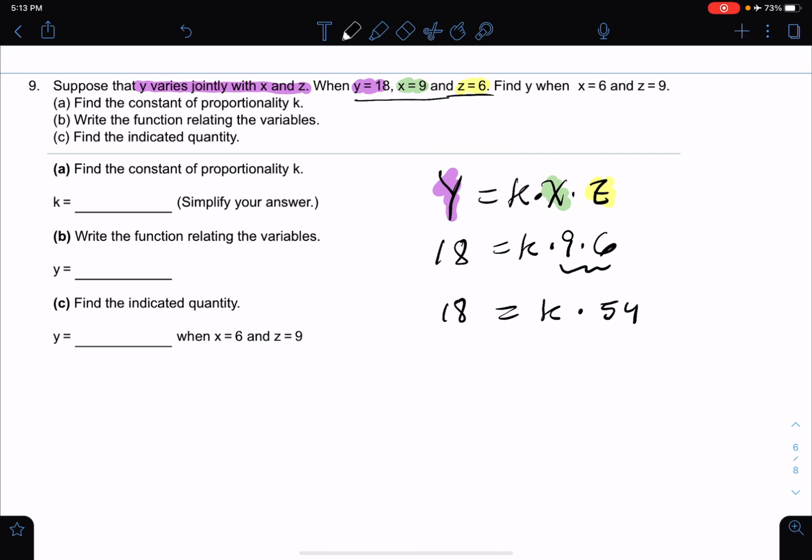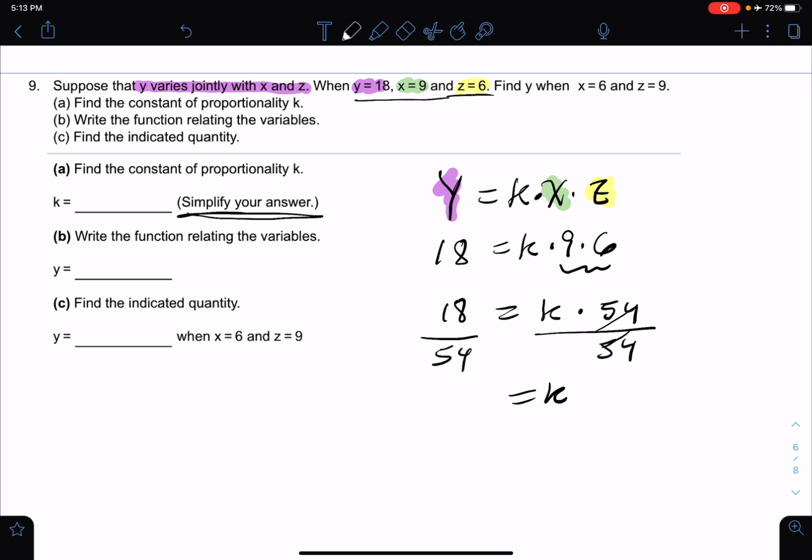You've got 18 on the left side. Of course, we're solving for k, so divide by 54. And we end up getting k equals. They want this as a fraction, or to simplify your answer.